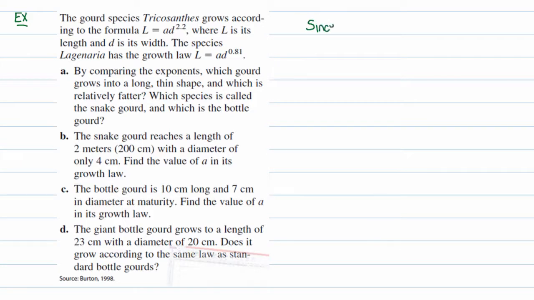Since 2.2 is much greater than 1, L equals AD to the 2.2 power increases faster and faster. So as we increase the width, the length increases much faster.